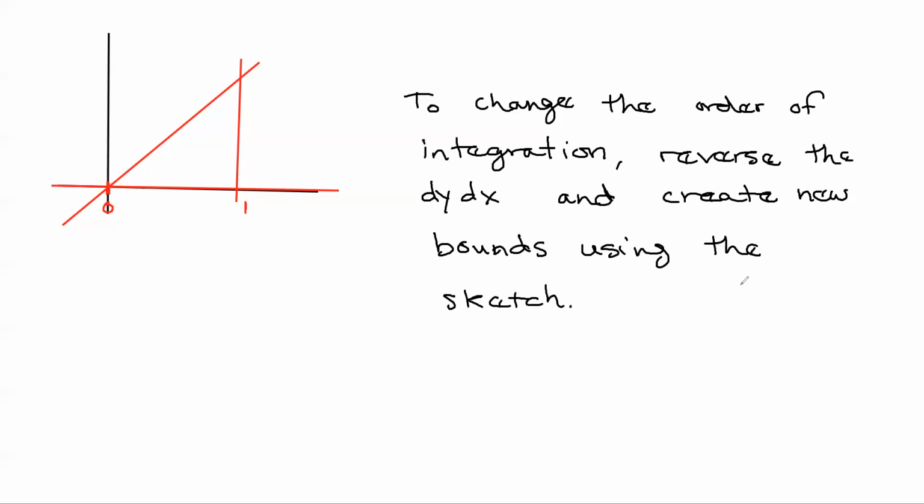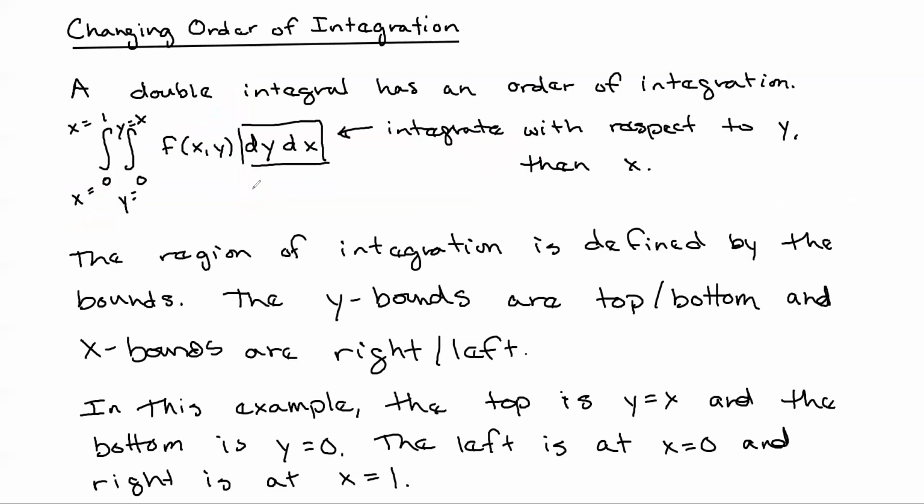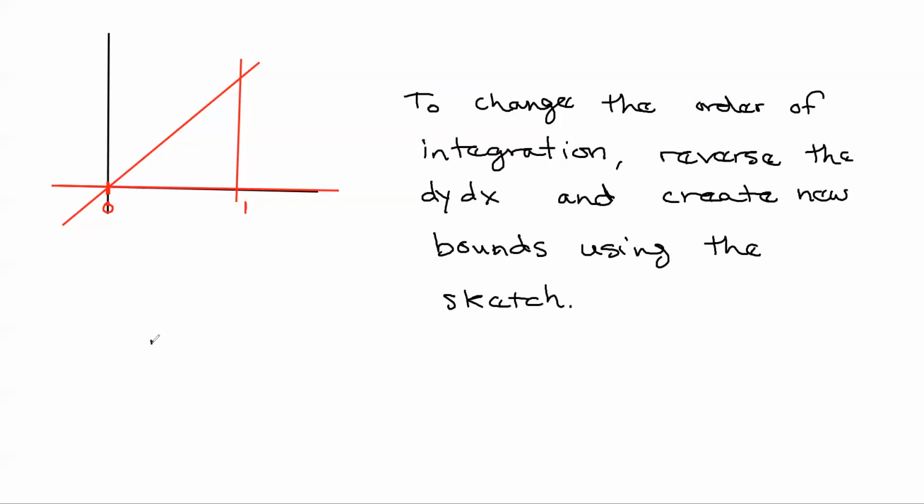Okay, so if we go back to our original, it was dy dx. So we're going to change the order of integration to dx dy. So we're reversing the order.